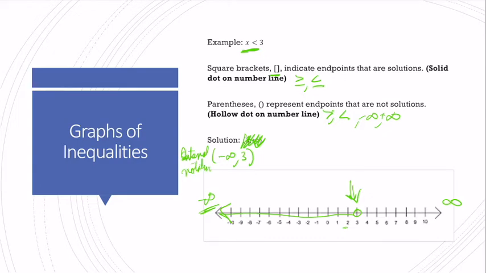I could also do this solution in set notation. Set notation uses squiggly brackets, right? And I would say x such that, that's what this vertical bar means, such that x is less than 3. So that's how we'd write the solution in set notation.